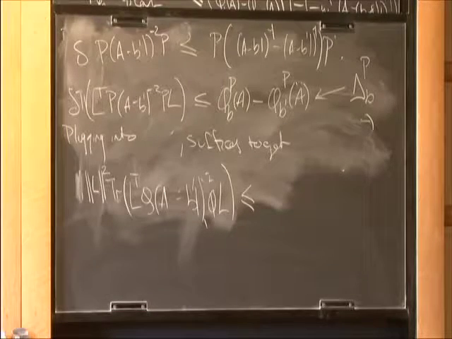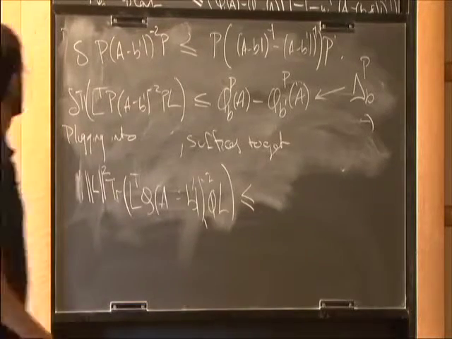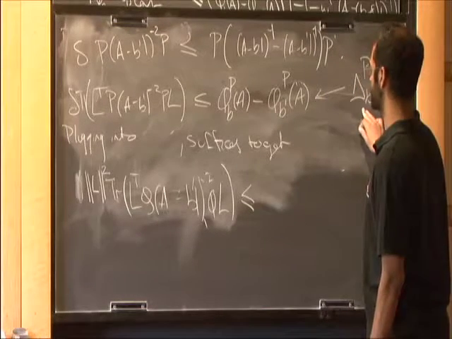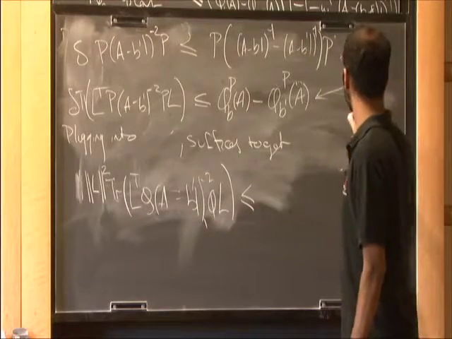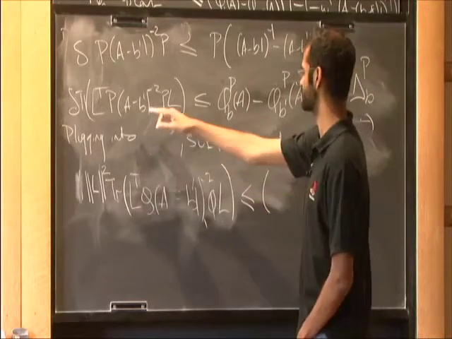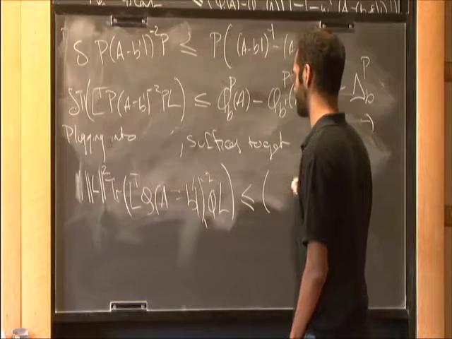And I just showed that the P part is at most delta B over delta. So there's also an L2 squared.